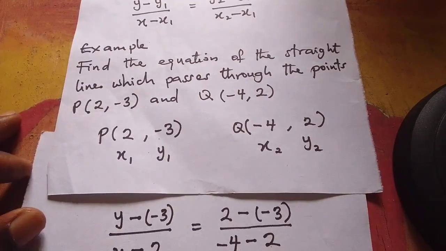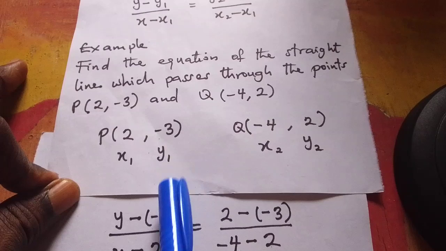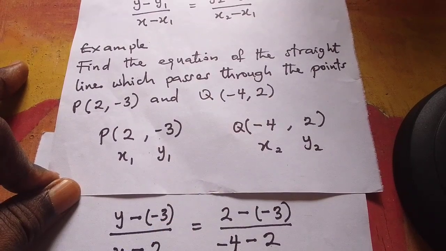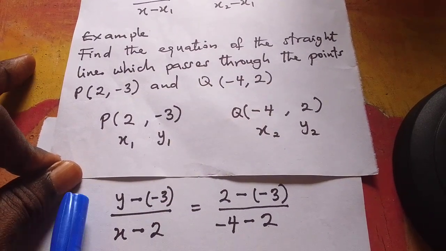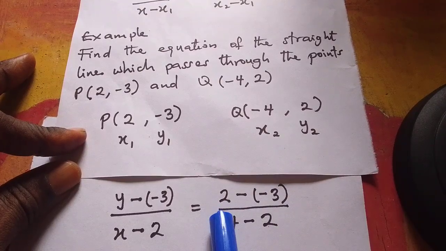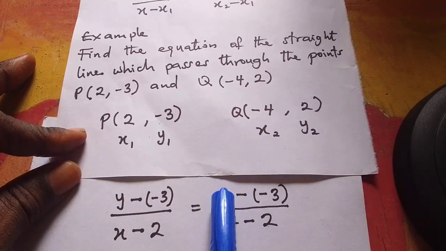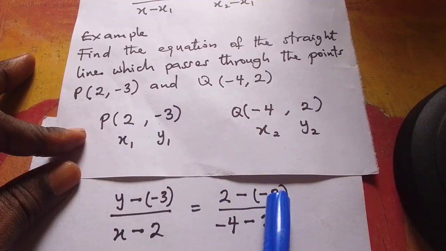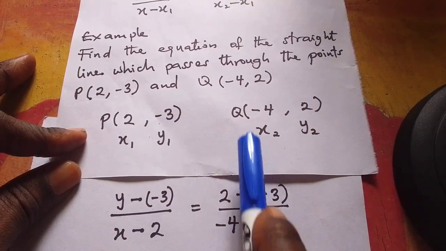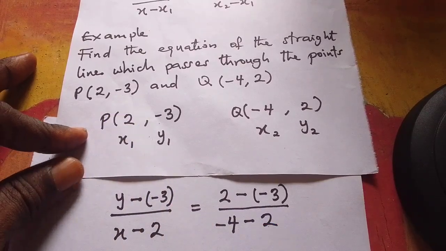So that means your y minus your y1, which is minus 3, over x minus your x1, which is 2, is equal to y2, which is 2, minus your y1, which is minus 3, over x2, which is minus 4, minus your x1, which is 2.